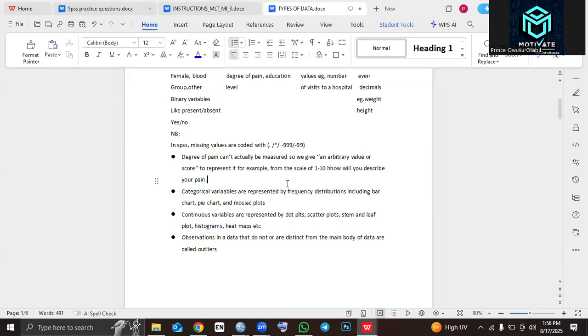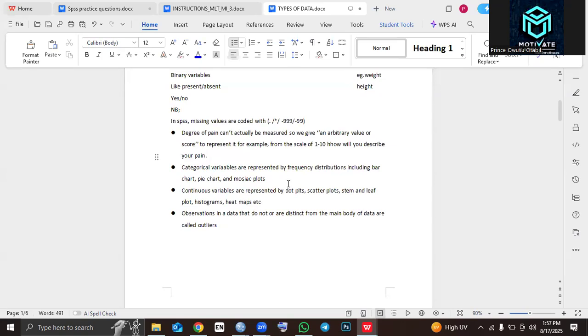You say from a range of 1 to 10, how beautiful is so-and-so? Then the person will be like, oh, it's a 10 over 10, or it's a 0 over 10, or it's a 5 over 10. So for categorical variables like that, we assign scores to them. Good.